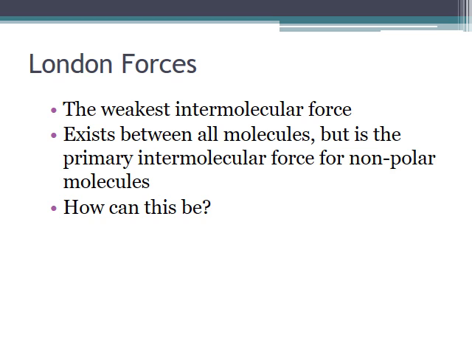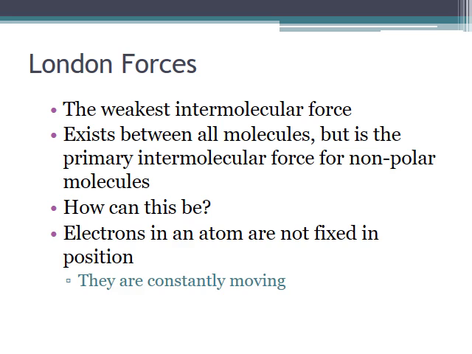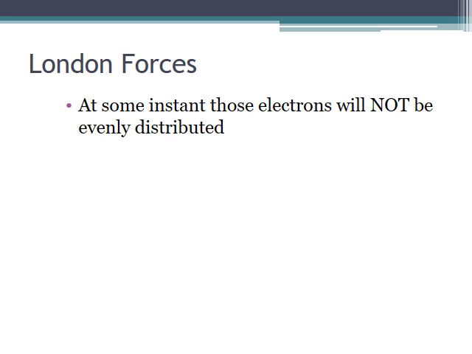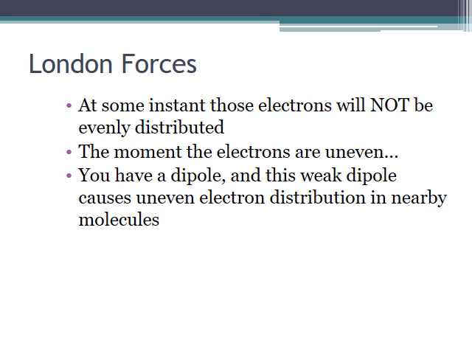So how can we have an intermolecular force if there's no electrical charge between two molecules? Well, electrons in an atom or a molecule are not in a fixed position. They're constantly moving. In fact, we learned earlier in the course that they behave like waves. At some instant, these electrons will not be evenly distributed around the atom or the molecule.